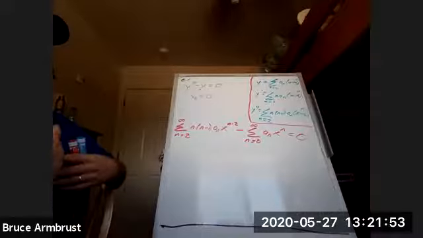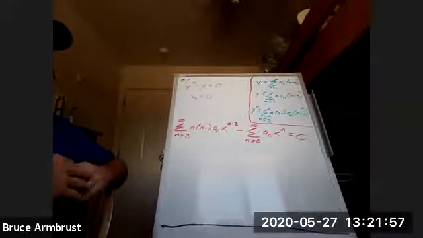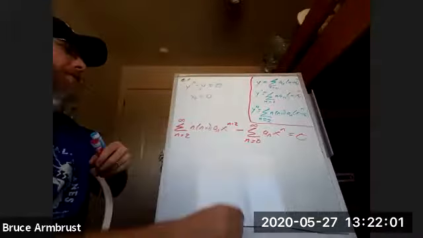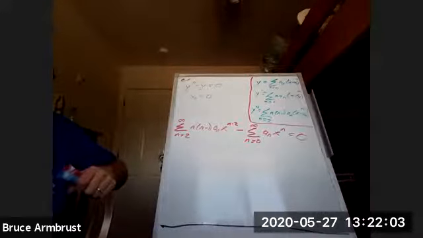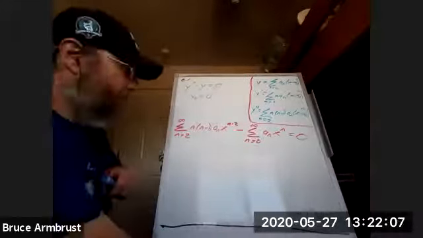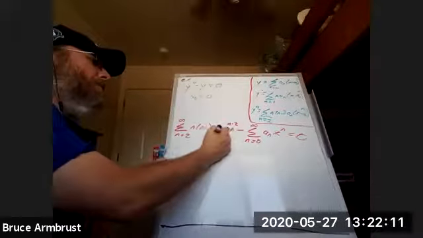Okay, so the first thing we have to do, absolutely the first thing we have to do, is start by making it so that all of these x's are raised to the same power. So we're going to do that shift. So I need to shift this by 2.